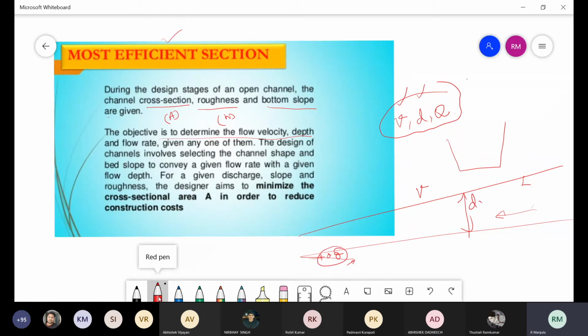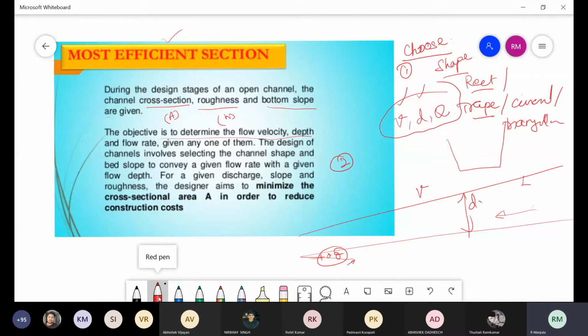The section could be rectangular, trapezoidal, circular, or triangular. You can choose any particular shape. This is choice 1. Choice 2 is the bottom slope, or bed slope. For a given shape and bed slope, you have to determine the velocity, depth, and flow rate.